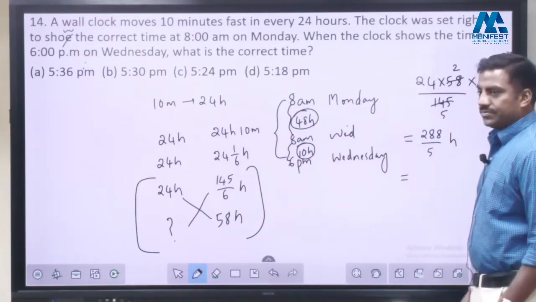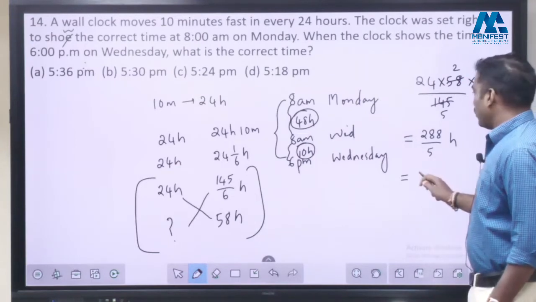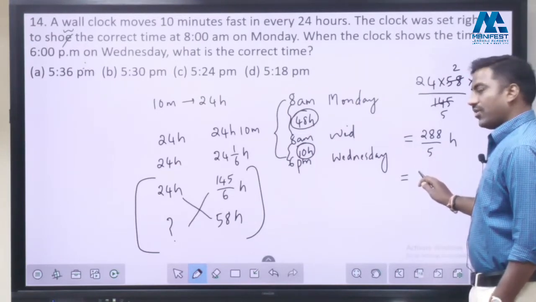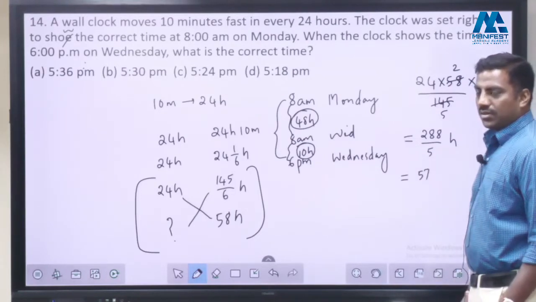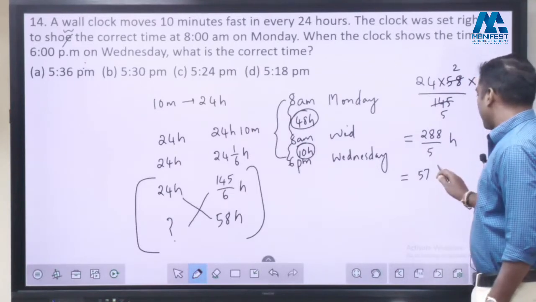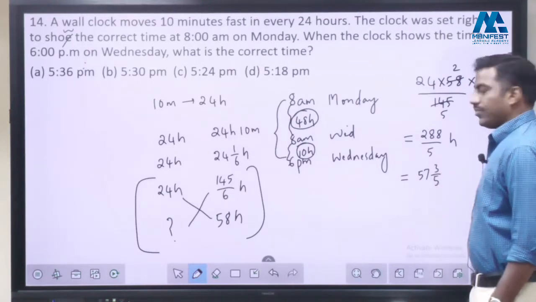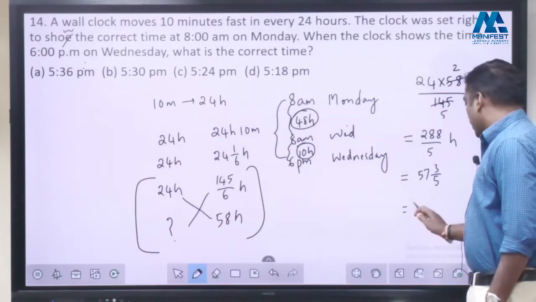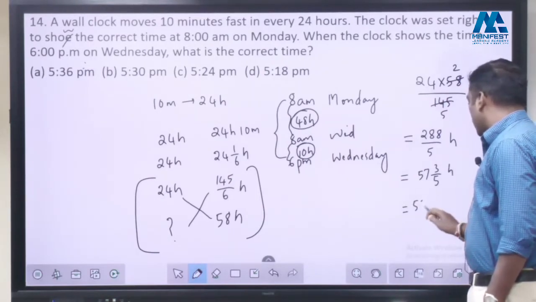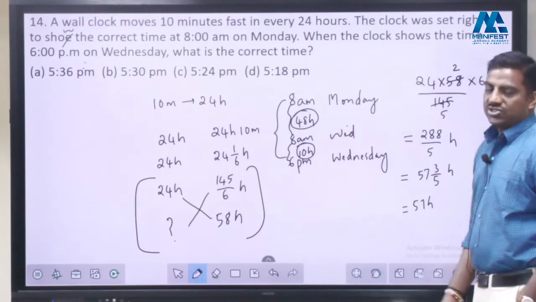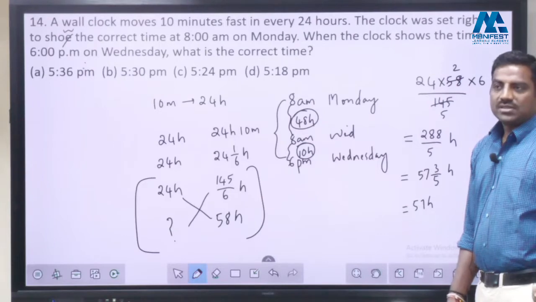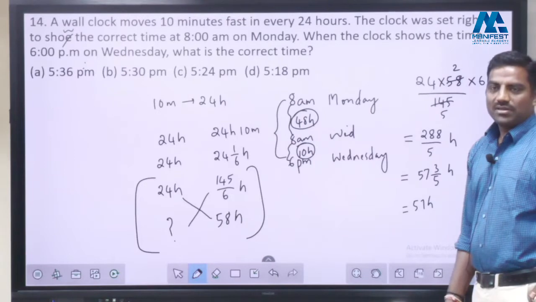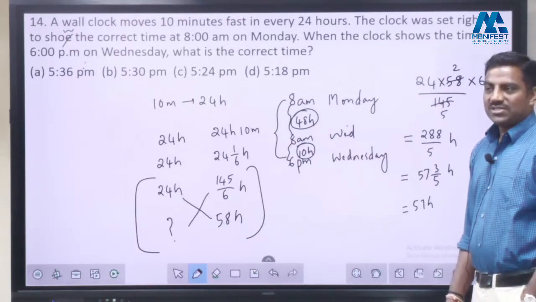Now, how many hours? 5 fives are, 5 sevens are, 5 sevens are, then 3 by 5. That is 57 hours. 3 by 5 hours is how much? How many minutes? 3 by 5 hours. 60% of an hour. 3 by 5 into 60. 1 hour is 60 minutes, right?